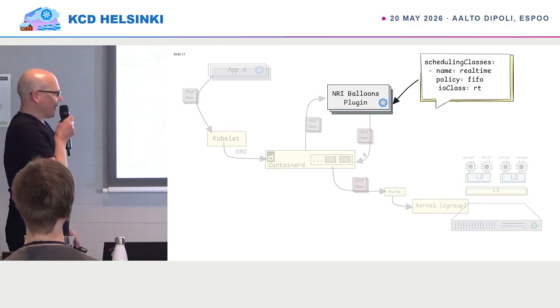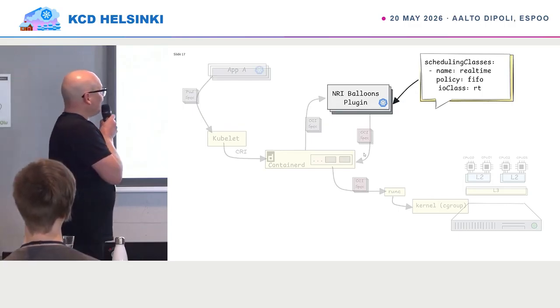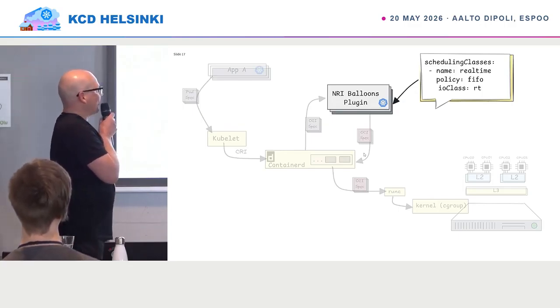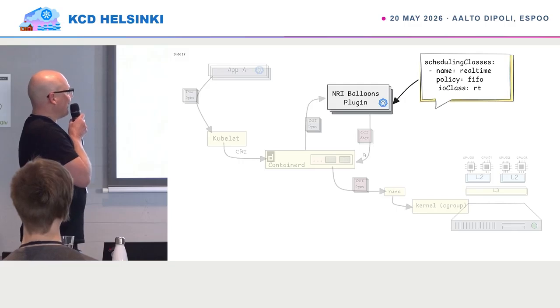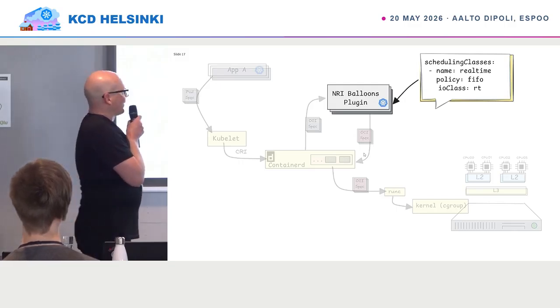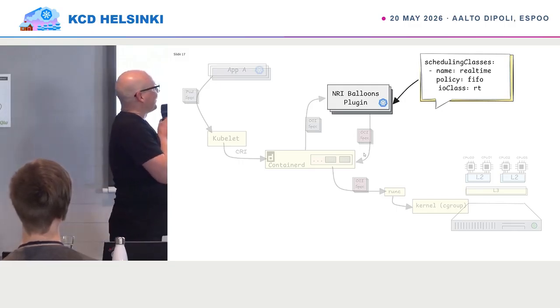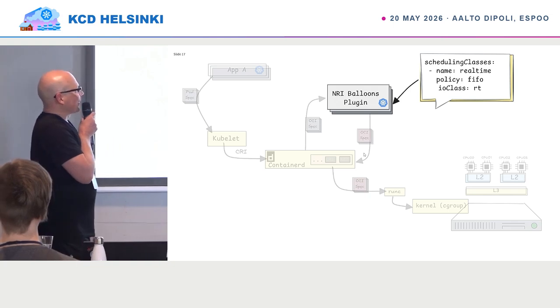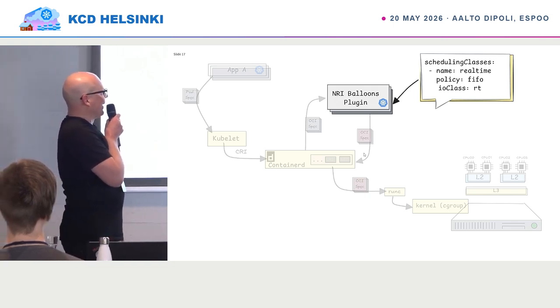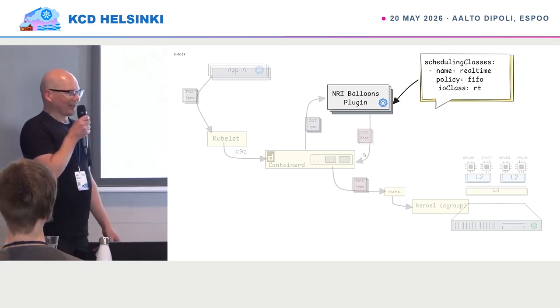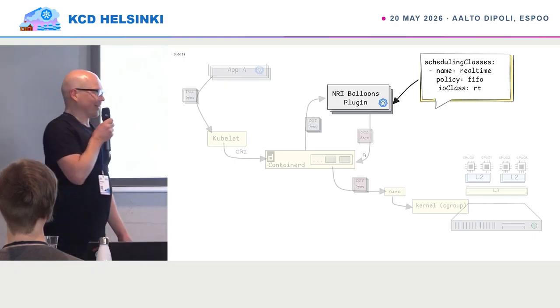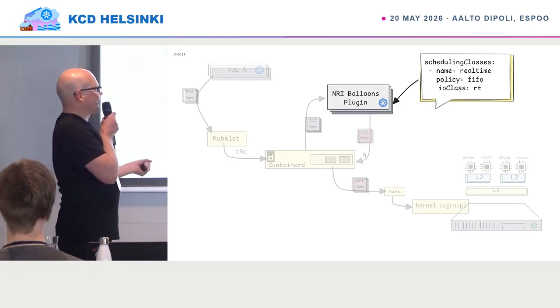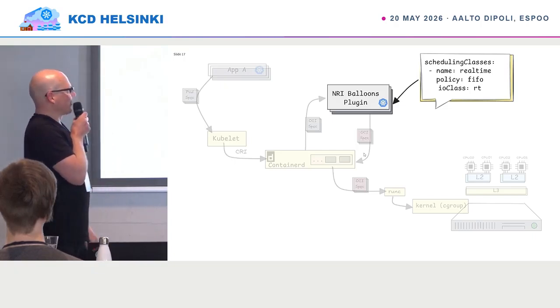So how does it look in this figure where we have the balloons policy NRI plugin? There is a CRD where we give this balloons configuration, and in this CRD we can define the scheduling classes that we want to use for separate sets of containers. As I mentioned, a balloon associates a set of containers with a set of CPUs.